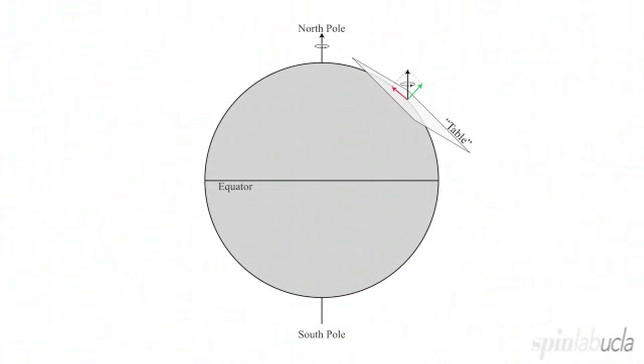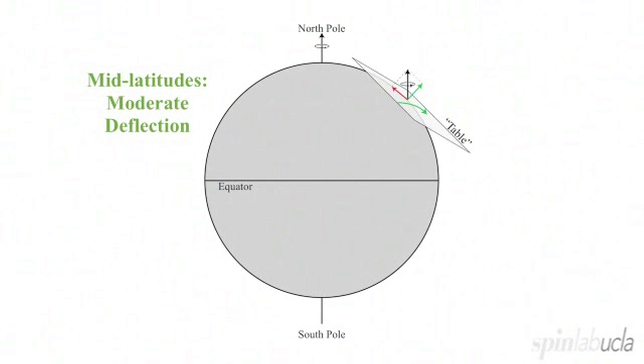The red component is ineffective because the ball bearing can't come on or off the table due to gravity. So it doesn't get deflected vertically. The only deflections are horizontal, and only the perpendicular green component of the rotation axis will act to deflect the ball horizontally. So there'll still be a deflection, but it'll be a bit weaker than at the pole.